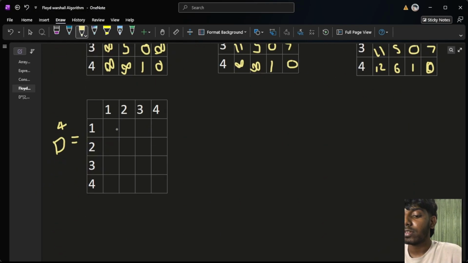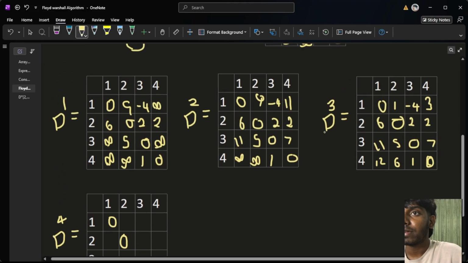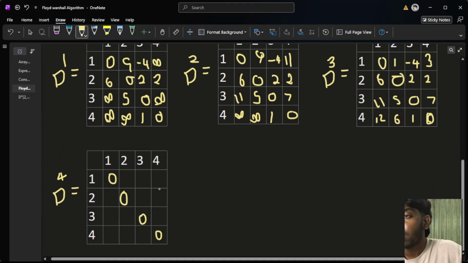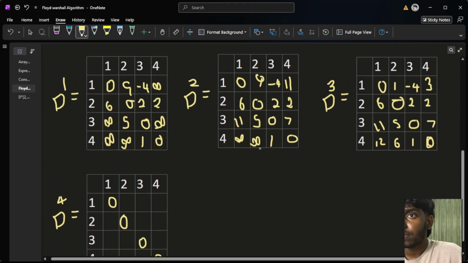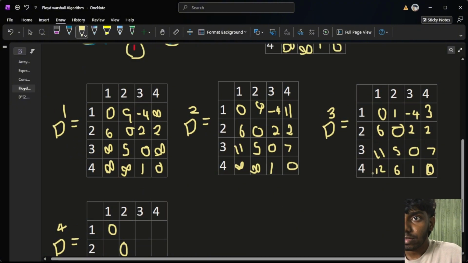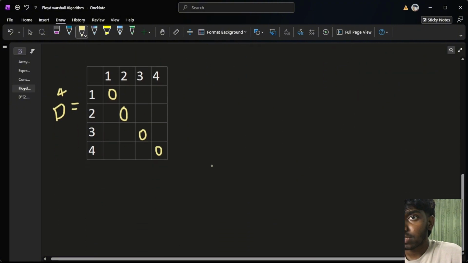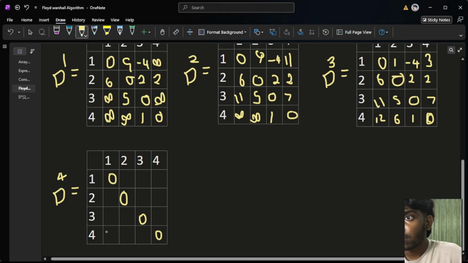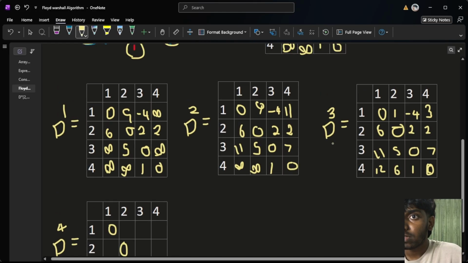As the first rule, all the diagonal elements would be 0, and also the corresponding row and column stay as they are. 12, 6, 1, 0, and 3, 2, 7, 0.